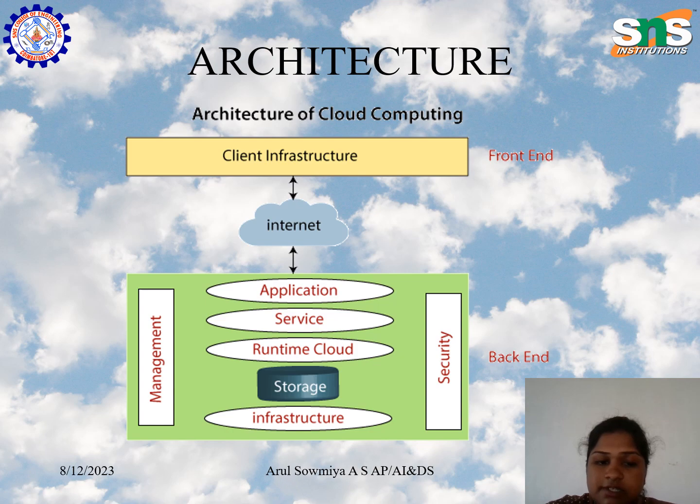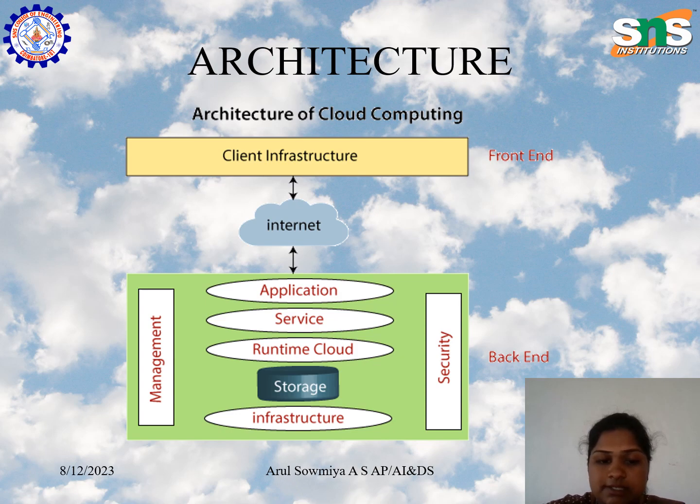Cloud infrastructure includes hardware and software components like servers, storage, network devices, virtualization software, and various other storage resources that are needed to support the cloud computing model. Here these infrastructures are managed by a management component.